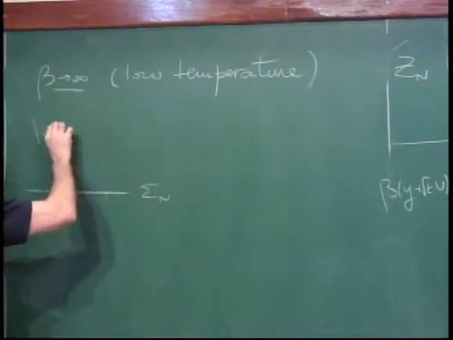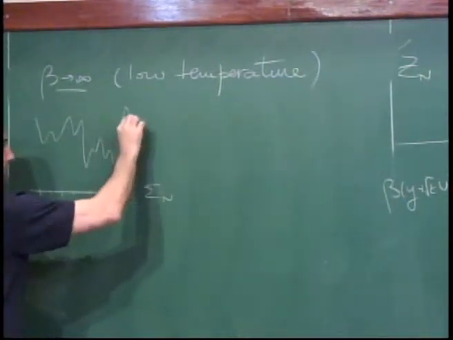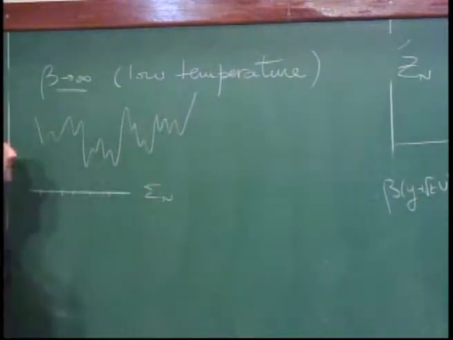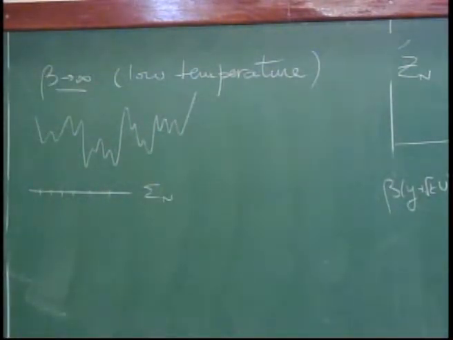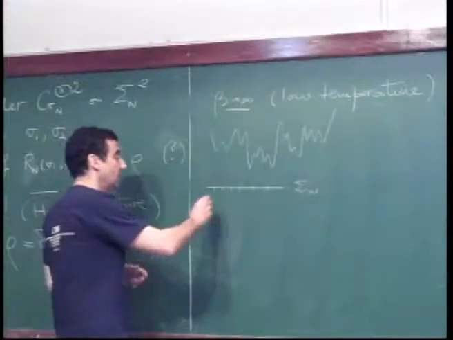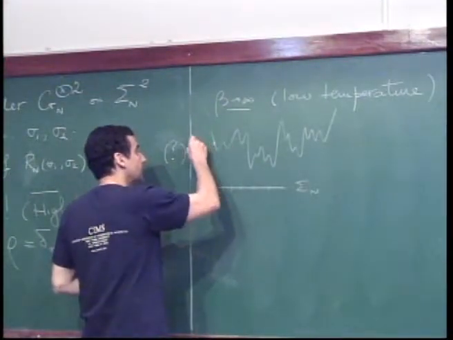So I have this function H_n, which might be something like this. So that's the energy value. Again, I apologize, but I cannot draw in n dimensions. And now your Gibbs measure, remember, is exponential of minus beta H_n. This is sigma, if you want, and this is H_n of sigma.